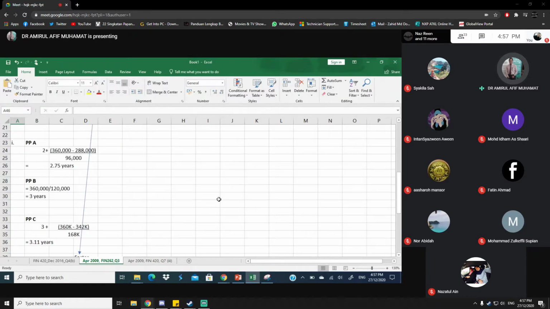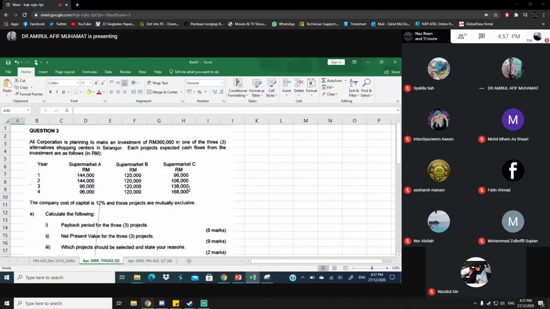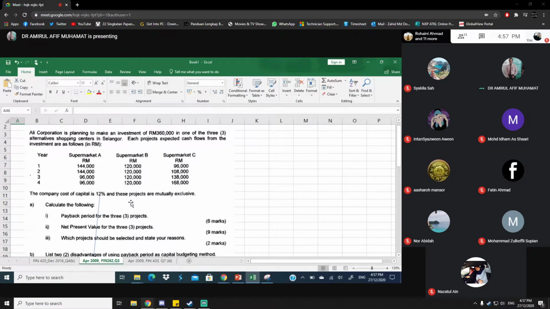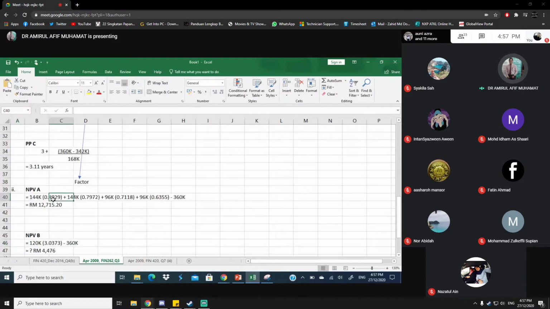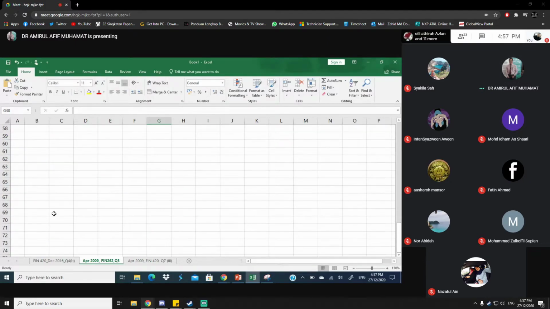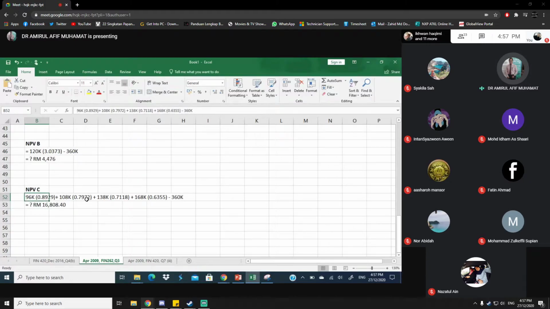And NPV C, project C is uneven, same, 12%. The percentage and the factor are the same as these factors. Only the income is different. So 96,000 times the factor for the first year, second year, third year, fourth year.